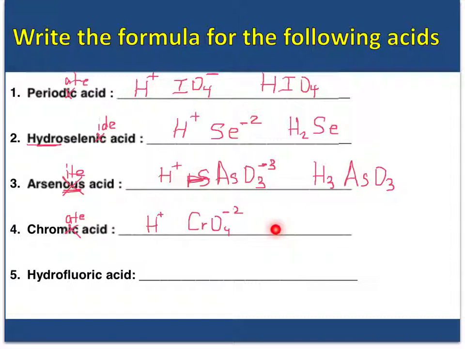So that is H2CrO4. Hydrofluoric, hydro, we know it's binary, fluoric from fluorine, H plus F minus, that gives us HF. There you have it. And that takes us to the end of naming acids. You can review this as many times as you need to. So we're done here. Until the next time, I'm out. Blessings.